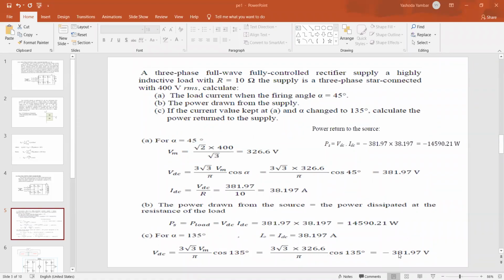When firing angle alpha is greater than 90 degrees, what is going to happen? Power is transferred from load to source. With which circuit? If I'm using a half wave converter, will it happen? No, only with the full converter. So why do you want to transfer the power from load to the source? Now I am giving the practical explanation.